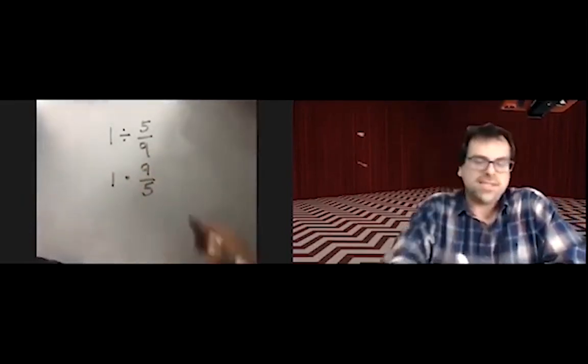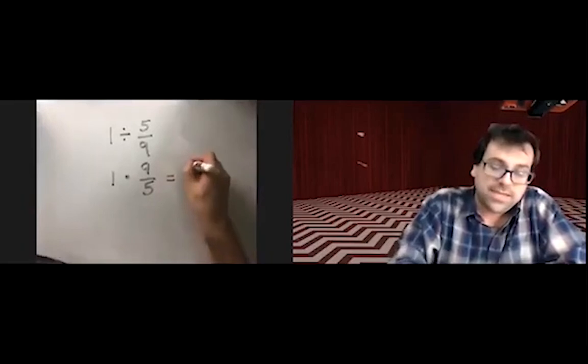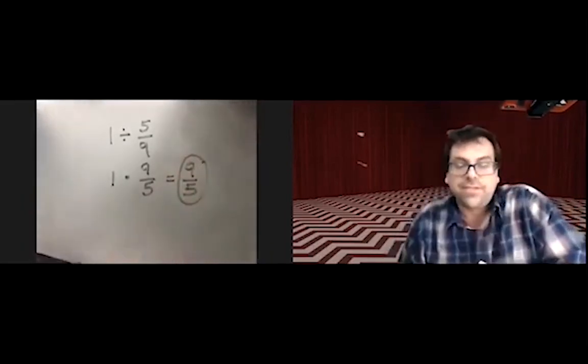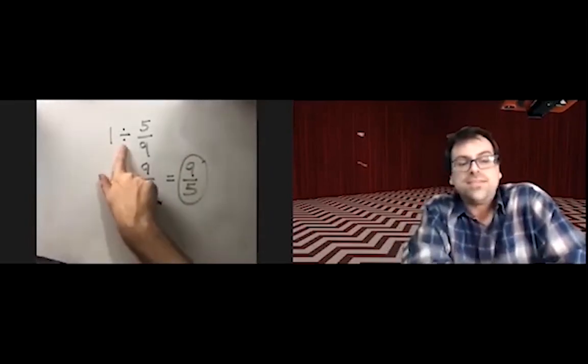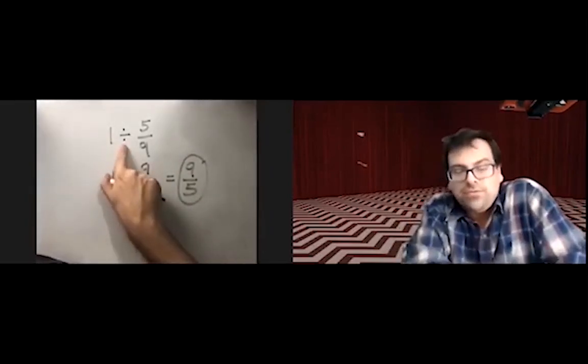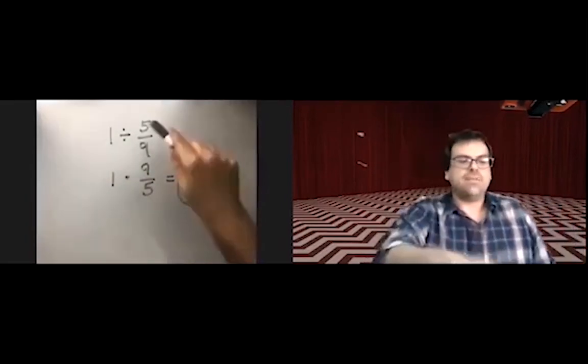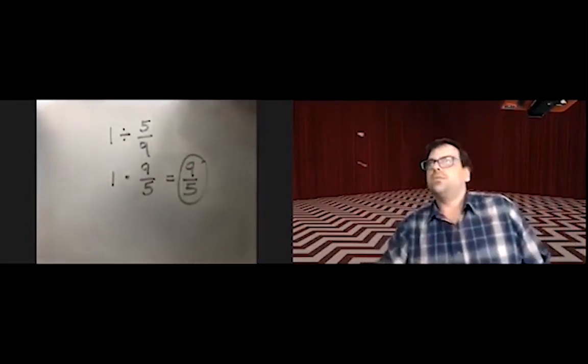What is 1 times 9/5? 1 times is itself. Our answer would be 9/5. Notice 1 divided by is not itself. It's the reciprocal. We did 1 divided by 5/9 and we got the reciprocal of 5/9.